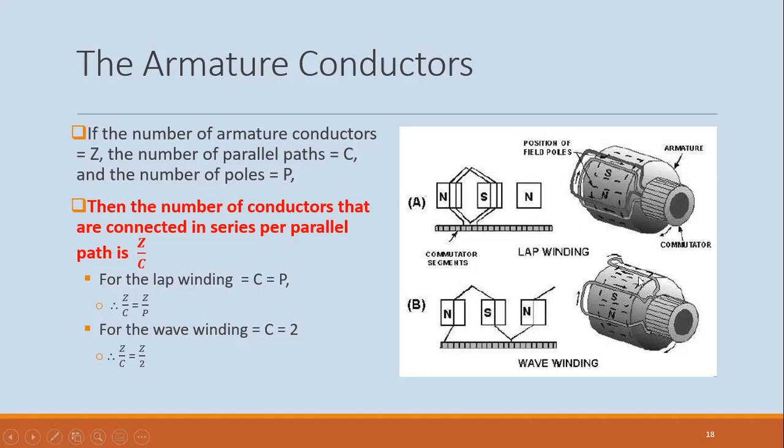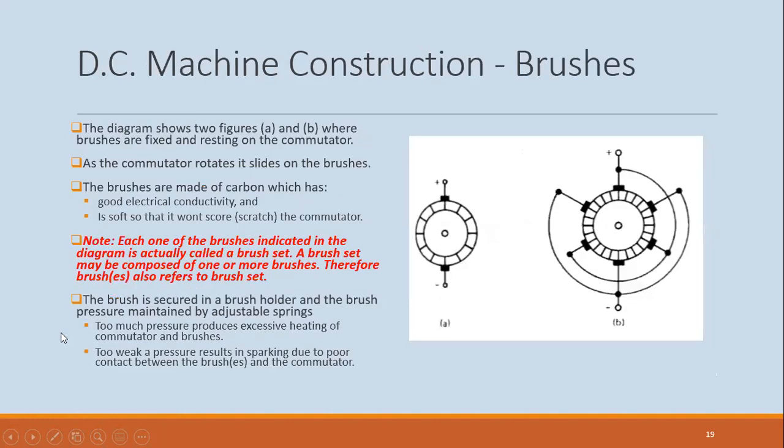So 2 parallel paths in the wave wound machine, and in the lap wound machine, the number of parallel paths is equal to the number of poles. That is something we're going to come back to when we develop the equation for induced EMF.